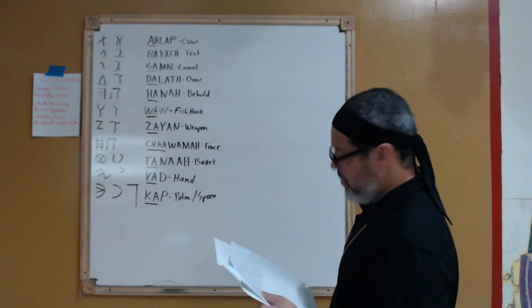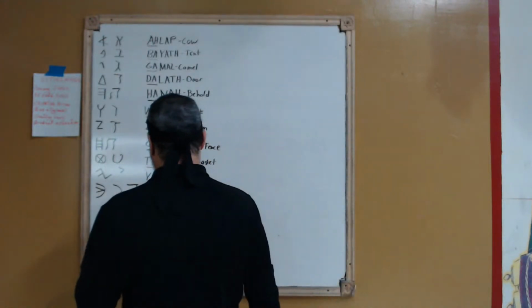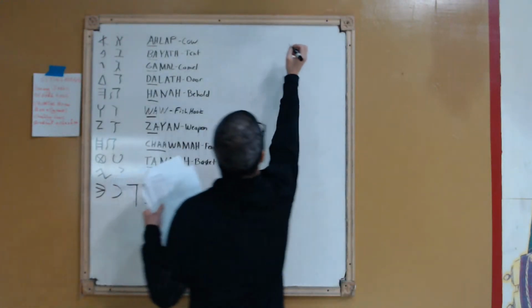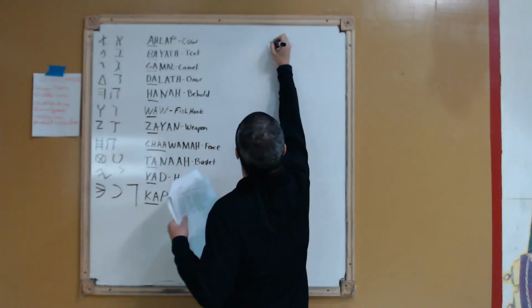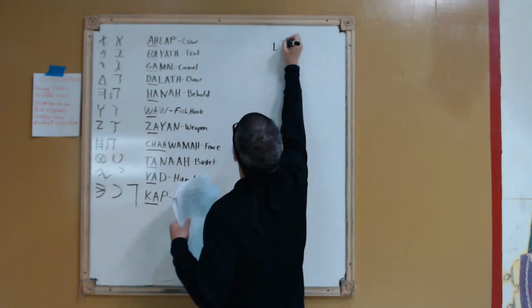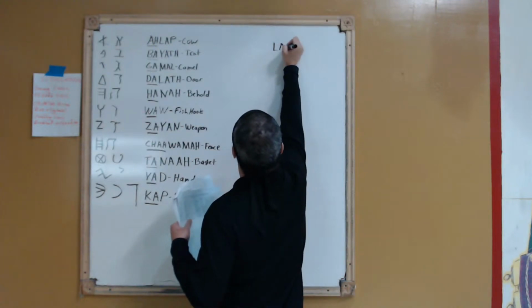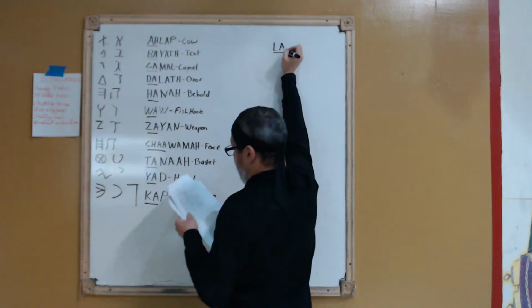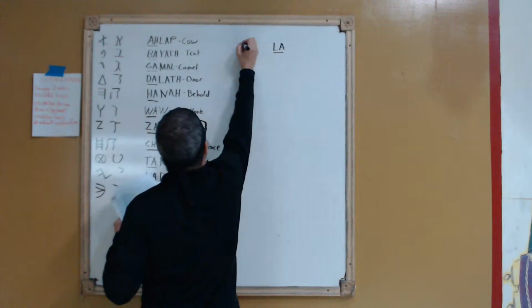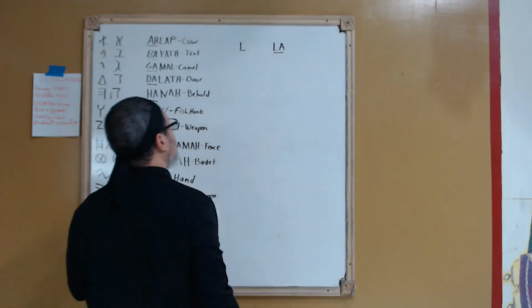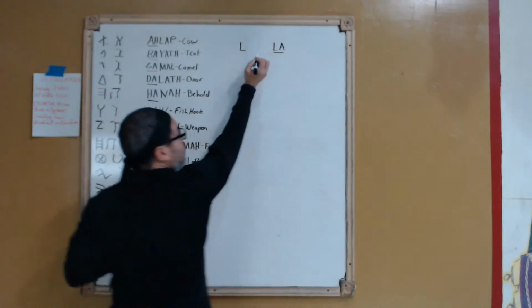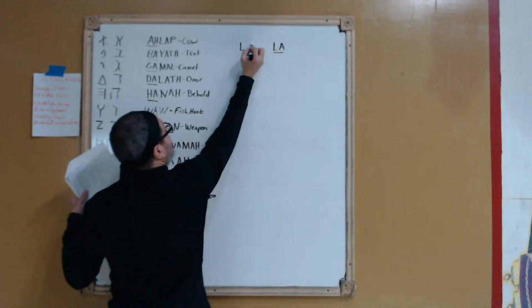Now we do the la. So the la was in the ancient the letter L. And in the modern, I want you to see me actually writing this.